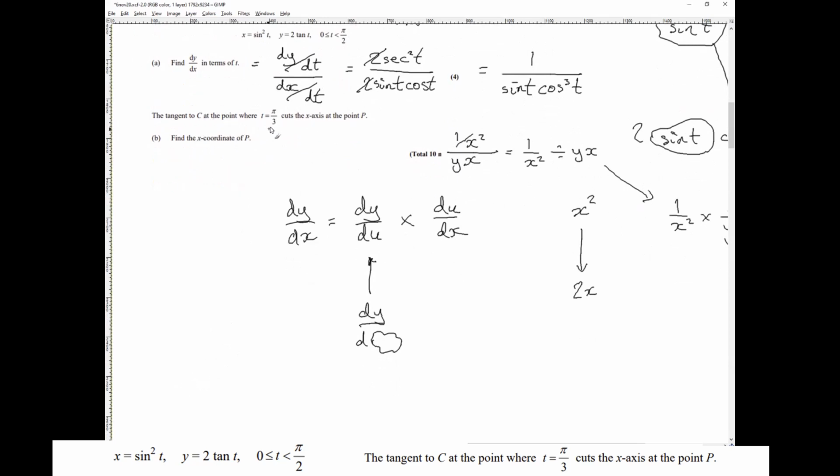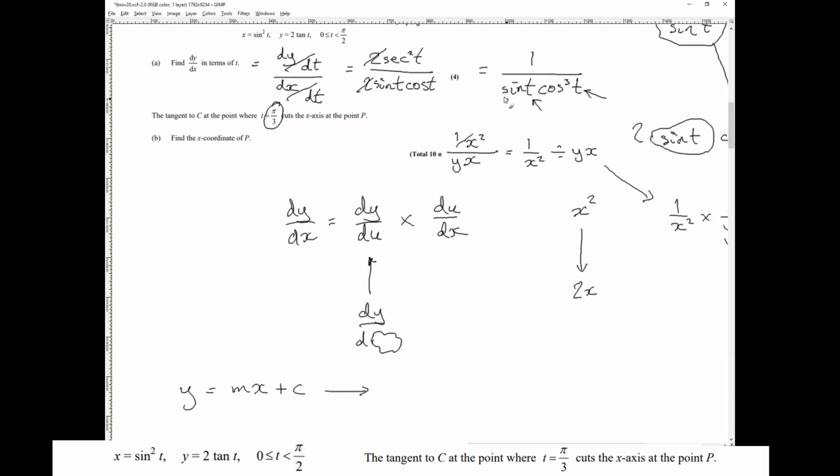No, we're going to just have a Cartesian equation for the tangent. It's a straight line, so we're thinking in terms of y equals mx plus c, which we know then if we put this value of t into here, and here, of course.